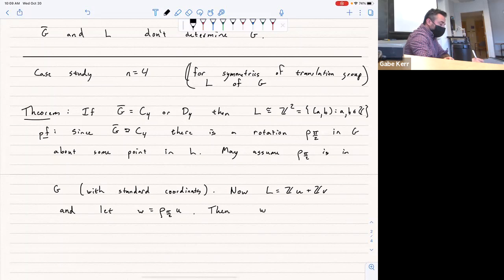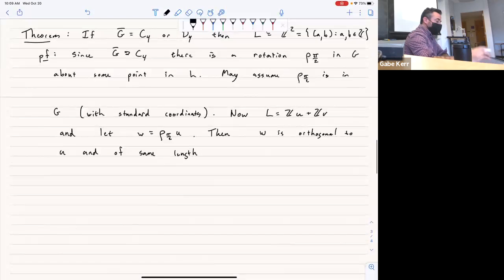Okay, well, then W is orthogonal and of the same length. So again, if we fix U in this direction, rotate it, here's W. These two vectors have got to be in L. I'm identifying these vectors. So we get a square in L.